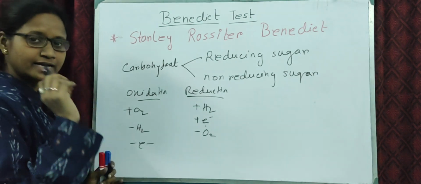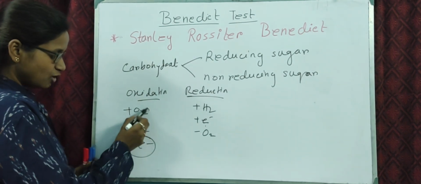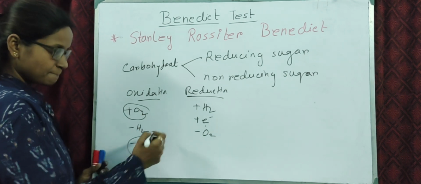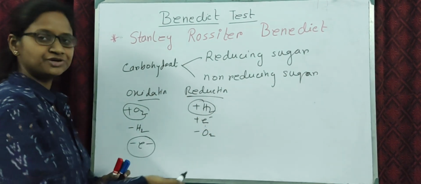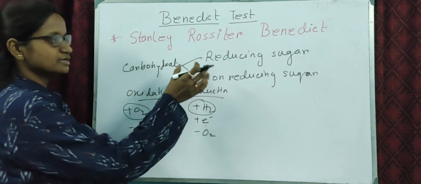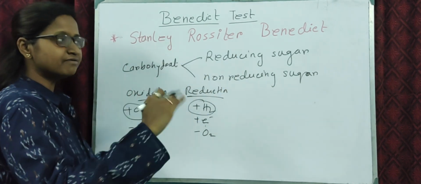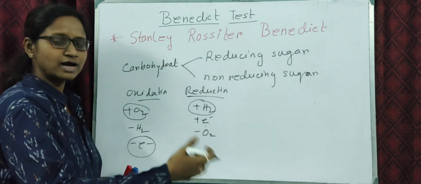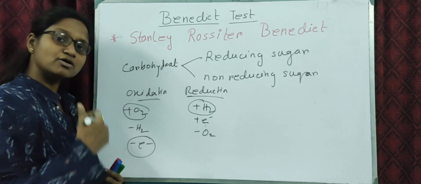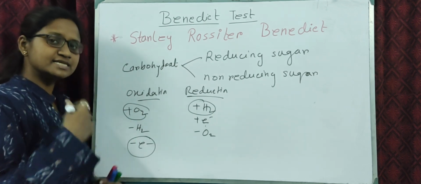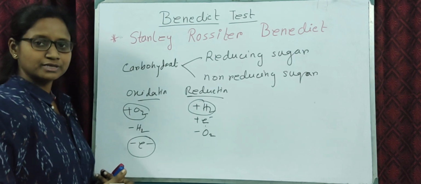Whenever any substance is oxidized, oxygen is added, and the other component on the opposite side gets reduced. A reducing sugar reduces another component, which means it is itself oxidized. It oxidizes itself and reduces the other component.